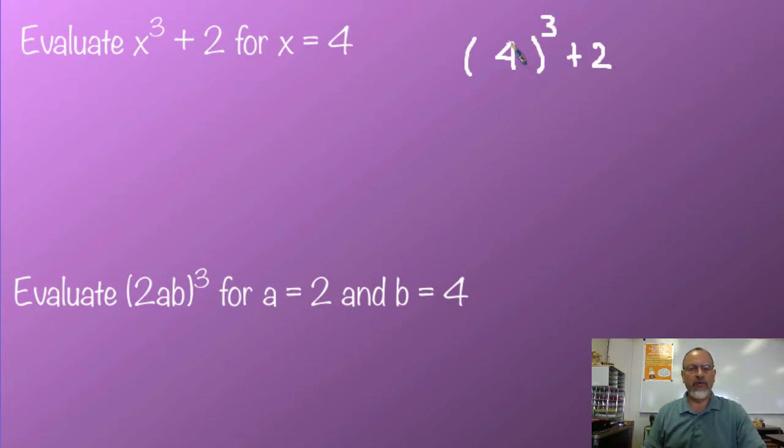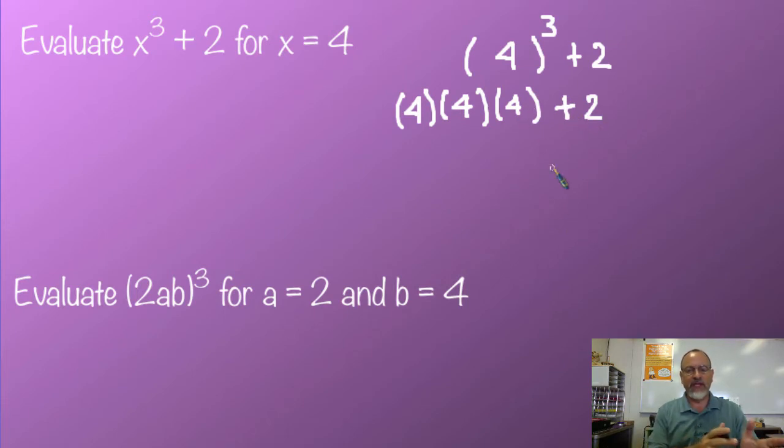There's nothing more within the parentheses to simplify, so I've done parentheses. Now I do my exponents. So remember, 4 cubed, I'm going to write this out this time just so you see it. You don't necessarily have to. That means 4 times 4 times 4 plus 2. Now remember, I can't add this 4 and 2 because that's not the order of operations. I need to work from left to right, doing my multiplication and division.